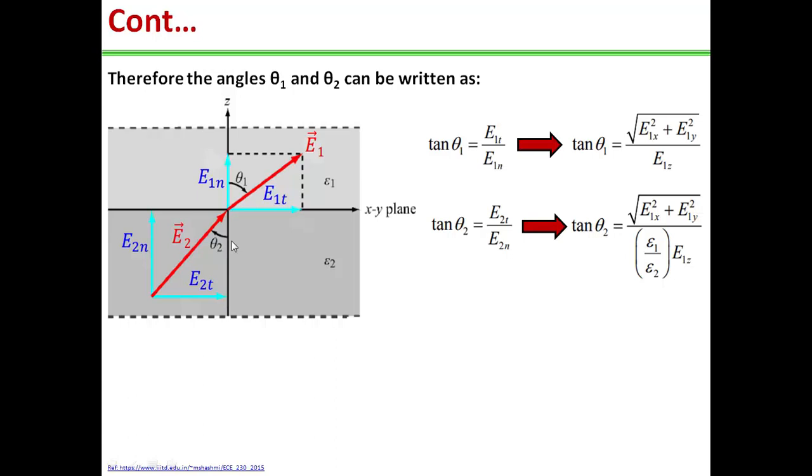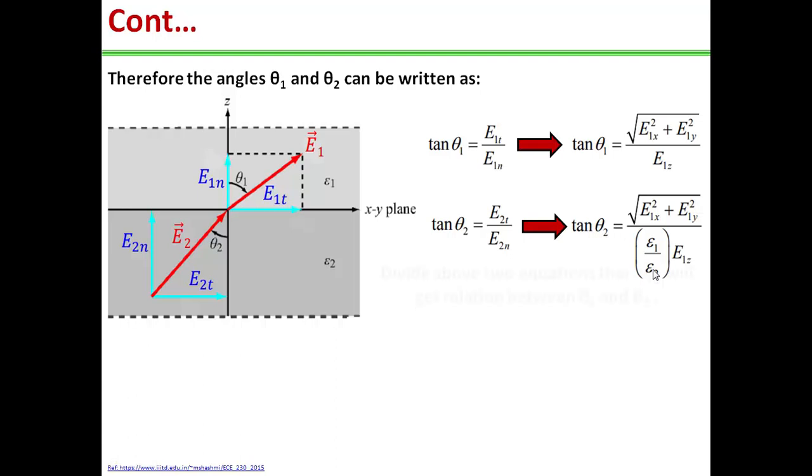So we can write E2t, this component, divided by E2n, the base component, and we have already calculated E2t as square root of E1x square plus E1y square. So tan theta 2 will be equal to square root of E1x square plus E1y square divided by E2n, which we have already calculated earlier as epsilon 1 divided by epsilon 2 times E1z.